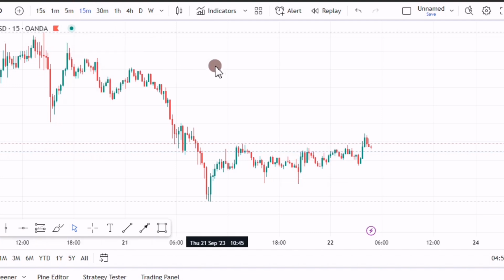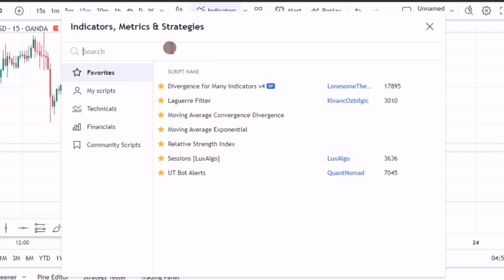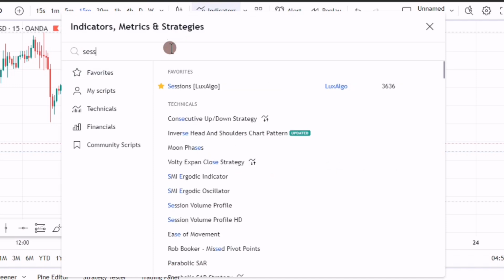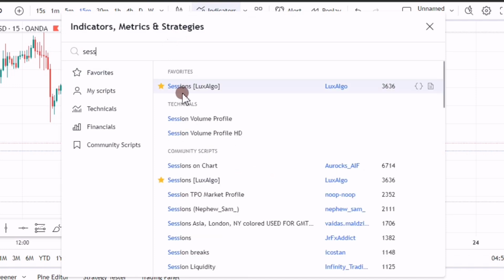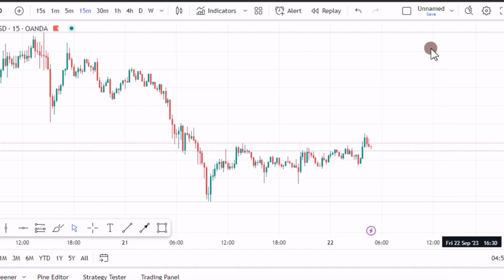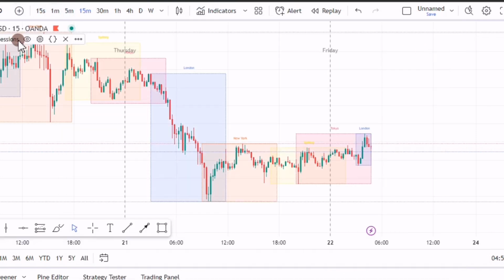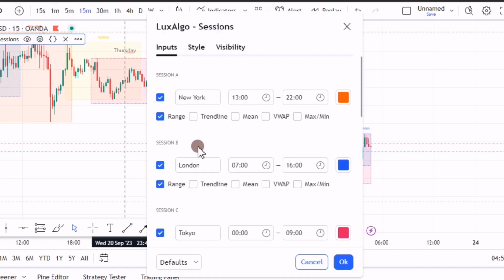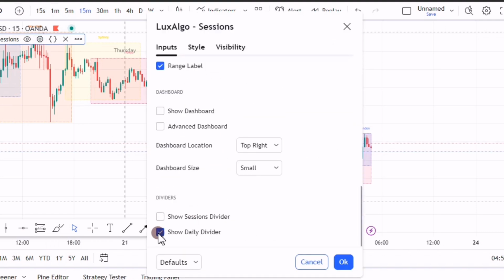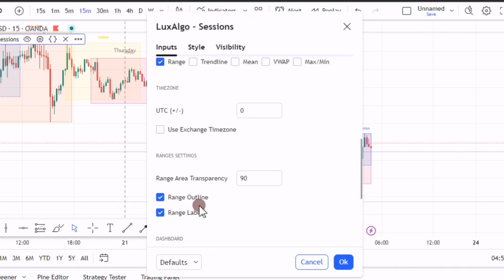Let me just start from scratch. Let's come to indicators, and then we say sessions. Select sessions by Lux Algo. This is what you are supposed to see. Go to the settings of the indicator, scroll to the bottom and check the last box.